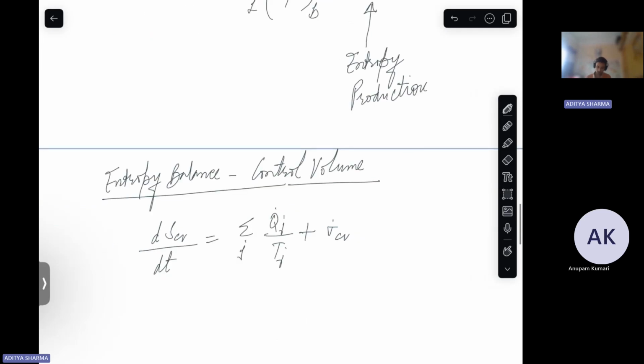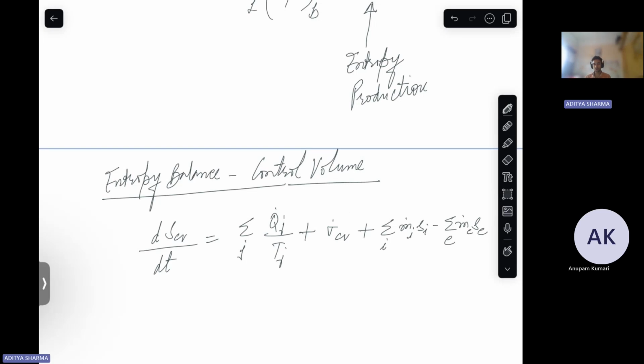So this is your entropy production rate in your control volume. Then one additional thing here: see why this term has been included in the entropy balance of the control volume is because entropy is an extensive property, right?